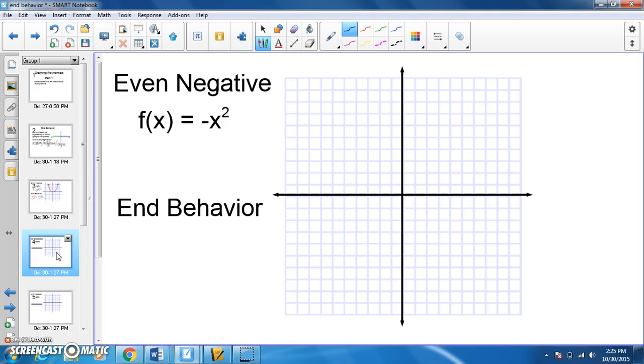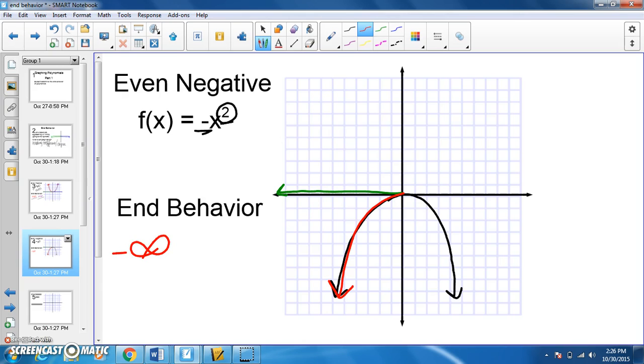Then, when we go to an even degree with a negative leading coefficient, I will sketch our graph, and we now have a parabola facing downward. So, as our x values approach negative infinity, our graph of negative x squared is going towards negative infinity because we are going down.